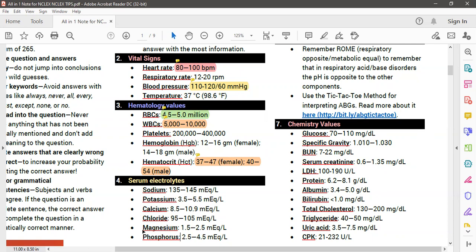And next one is phosphorus. Phosphorus normal range is 2.5 to 4.5 milliequivalent per liter. If calcium level goes up, usually phosphorus level goes down. If calcium level goes down, phosphorus level is supposed to go up. Example, hyperparathyroidism.